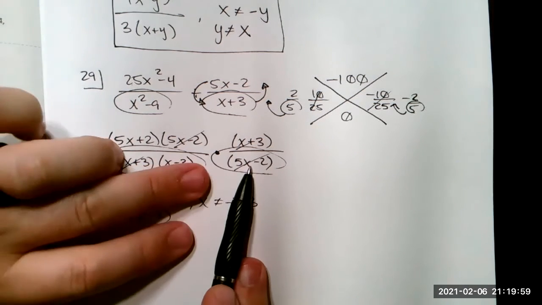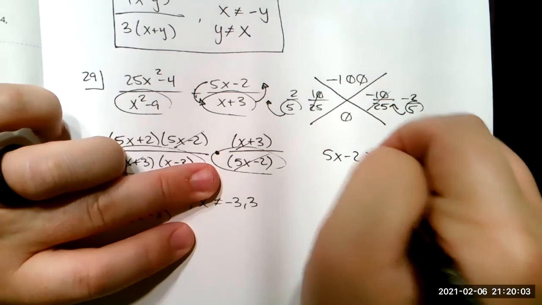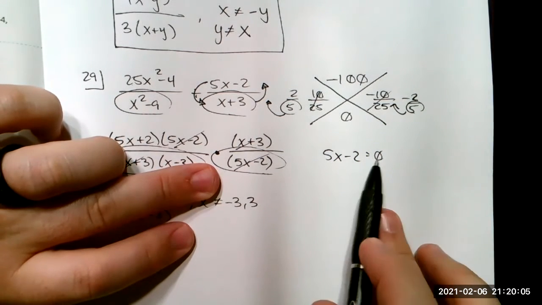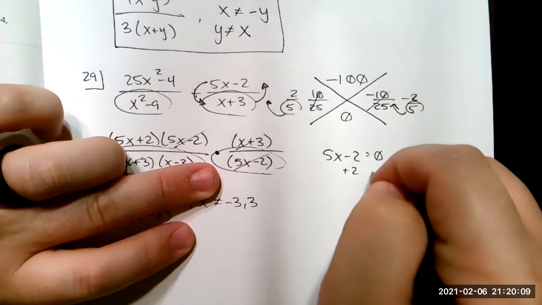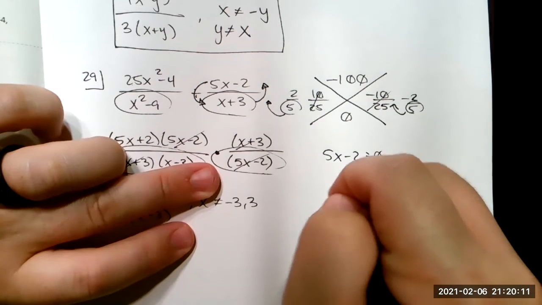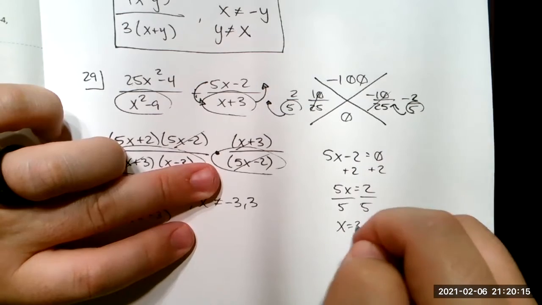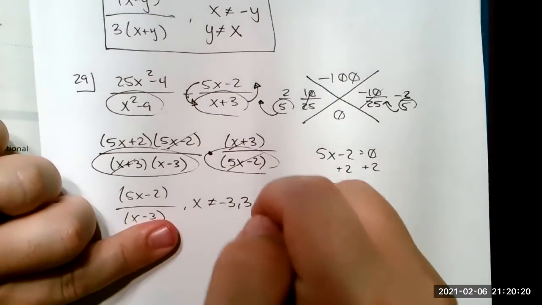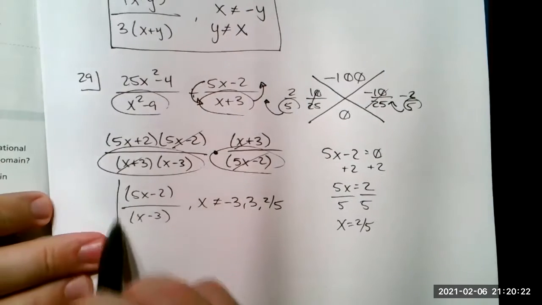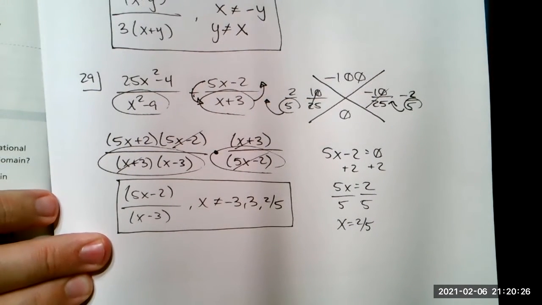And then my new denominator, 5x minus 2, what's going to make that equal 0? We'll literally just write 5x minus 2 equals 0. And do the math. Divide by 5. So x equals 2/5. In this case, if x equals 2/5, my denominator will be 0, and that's a big no-no. So there's 29.